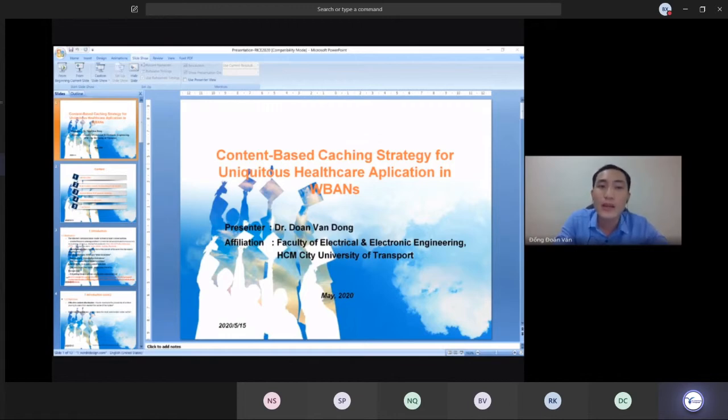The second, also important, is related to the network caching of CCN, that is the smart caching policy, and how to store the most valuable content in the nodes. And to address the problem, we use content-centric networking.